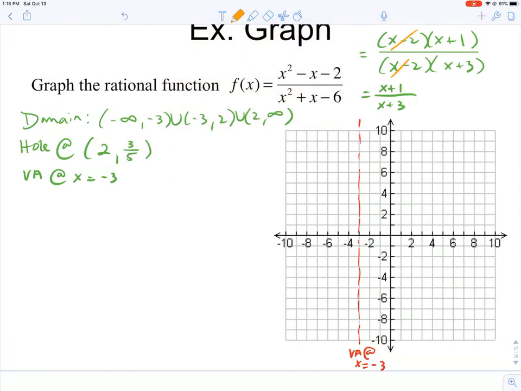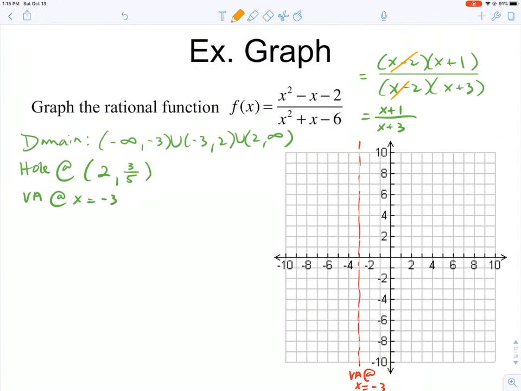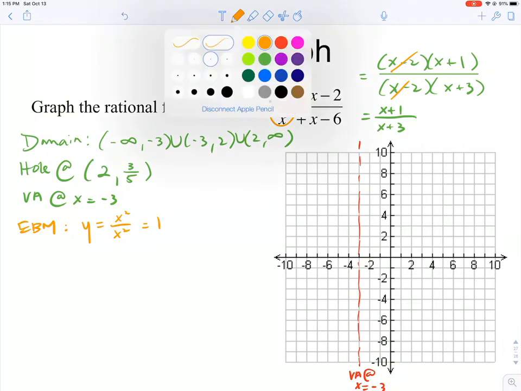Okay, end behavior model doesn't really matter if you take the simplified or the non-simplified version of the equation. You'd end up with the same end behavior model. So 1, right? So as x approaches positive or negative infinity, f of x is going to approach 1.